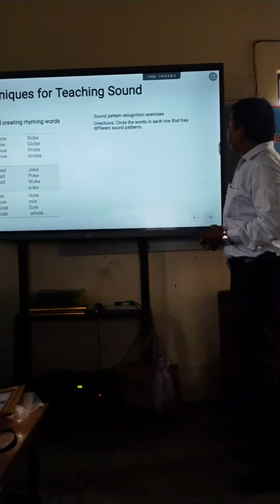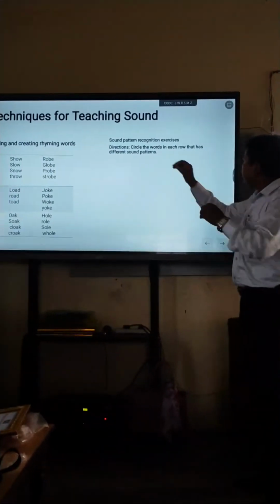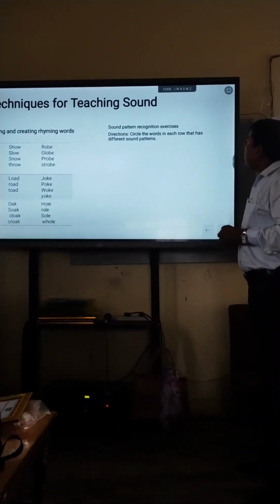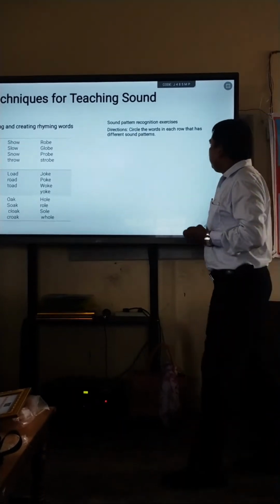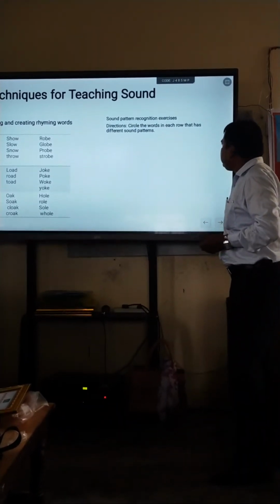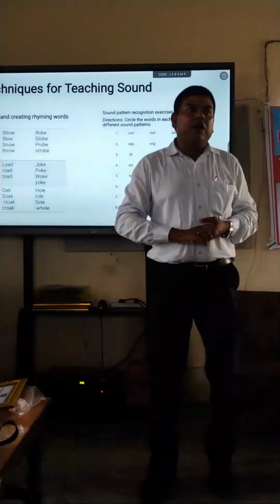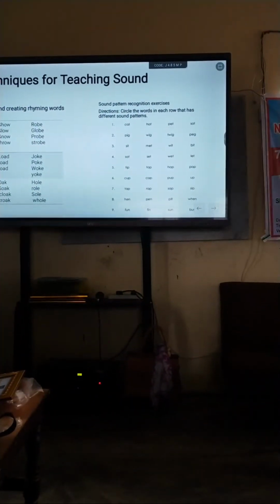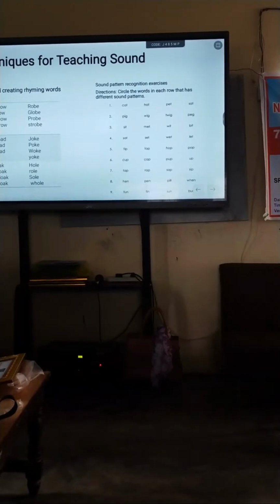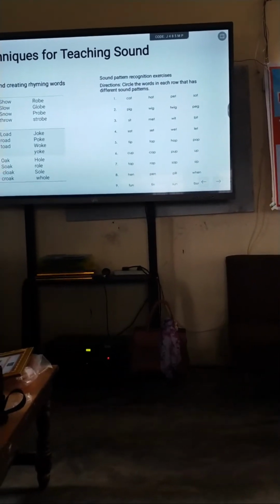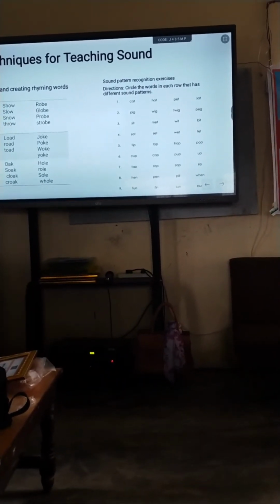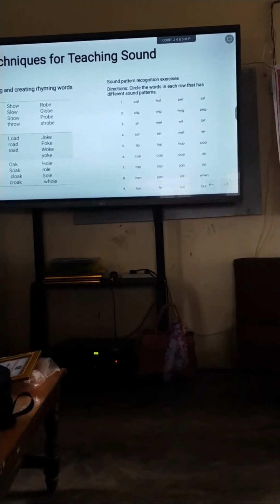Sound pattern recognition exercise. There is a direction: circle the words in each group that have different sound patterns. In the first number, which is a different sound pattern? Cat, hat, pat, they are the same.